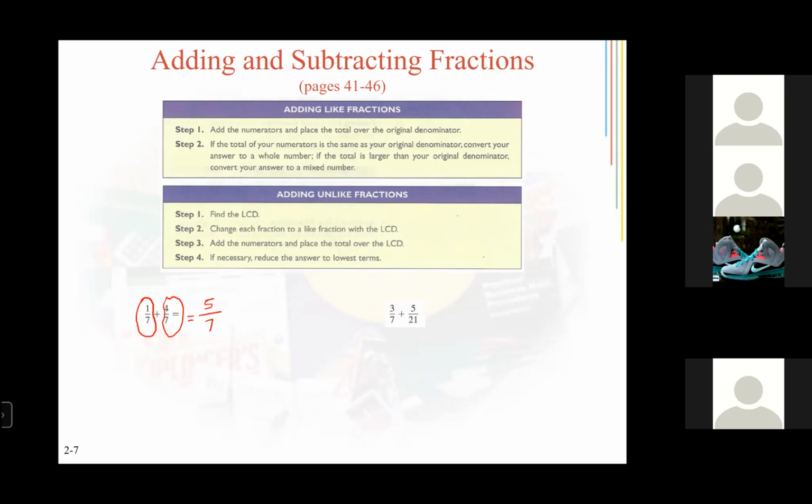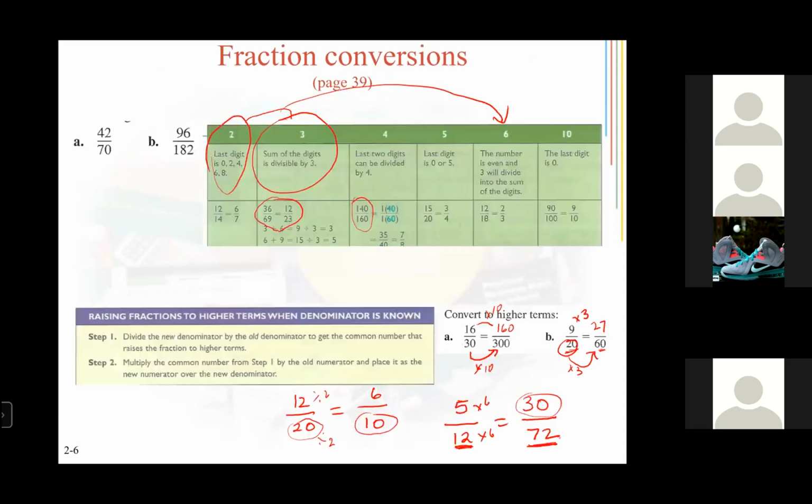Now, in this second one, the denominators are not the same. In order for you to add or subtract fractions, you must have the same denominator. So if the denominators are not the same, you have to raise the fractions like what we were doing here.